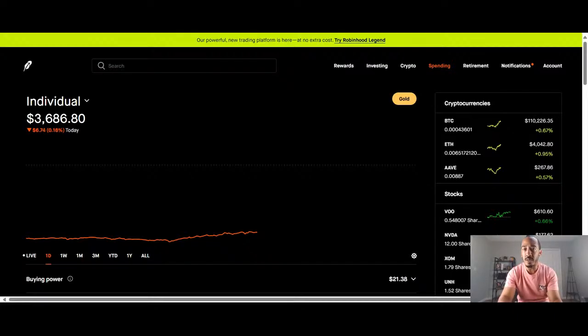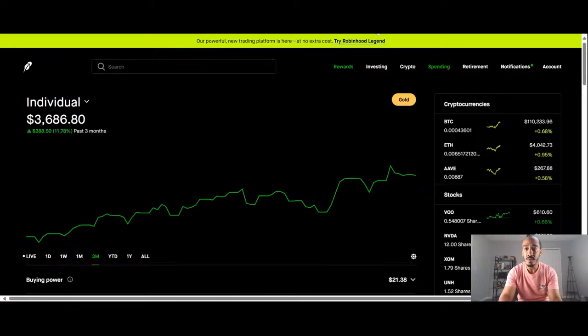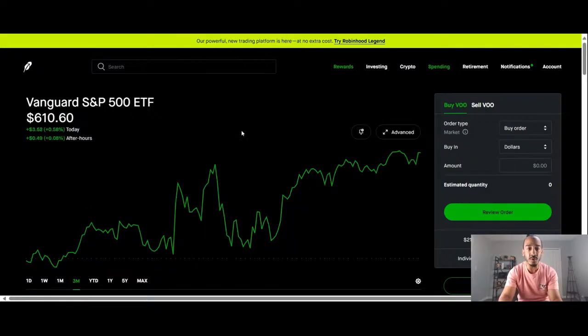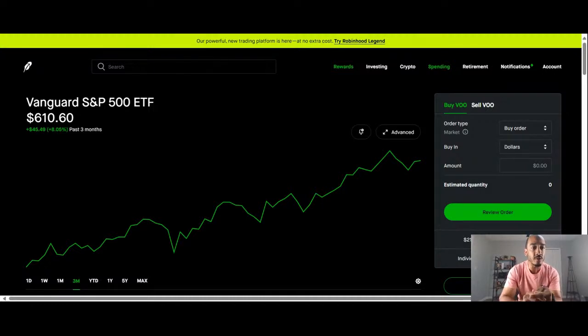So if we look at us for the past 3 months, we are up 11.7%. All right. The S&P 500 is the average. So you always want to compare yourself to the average. In the last 3 months, the S&P 500 is only up 8%. So we beating the S&P over the 3 months.